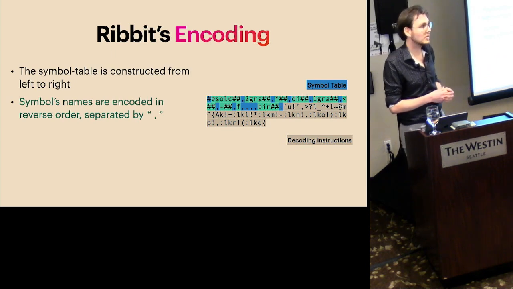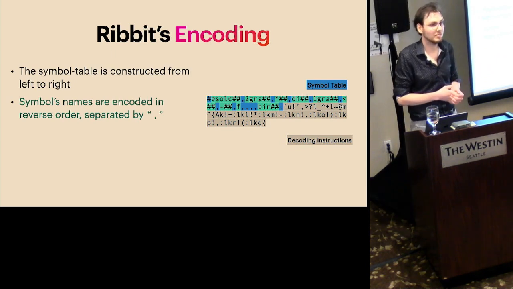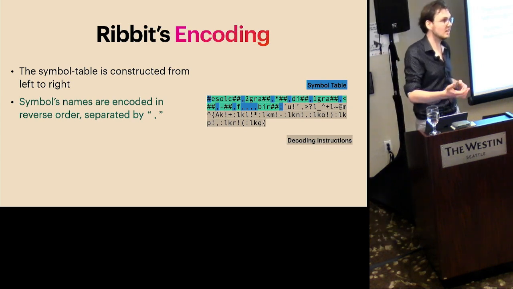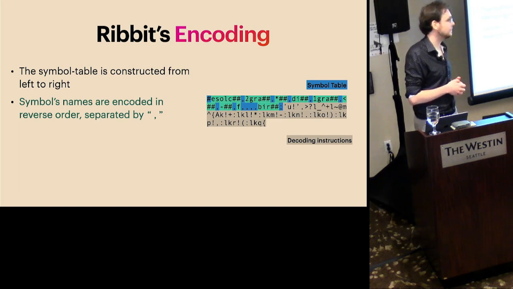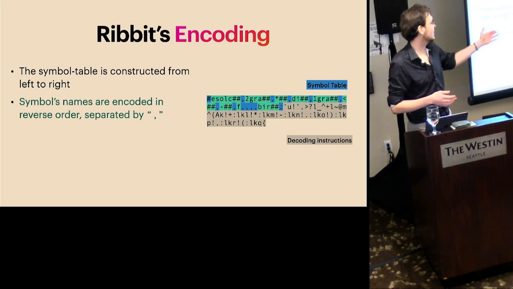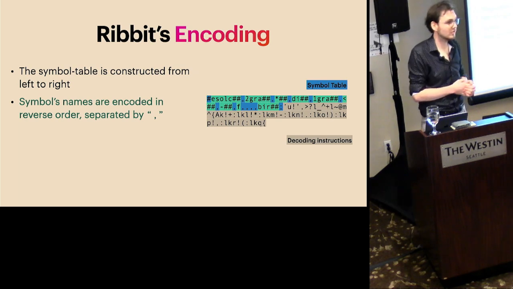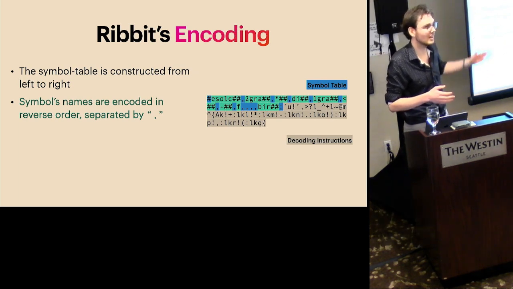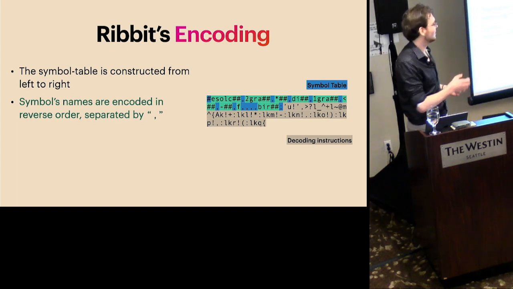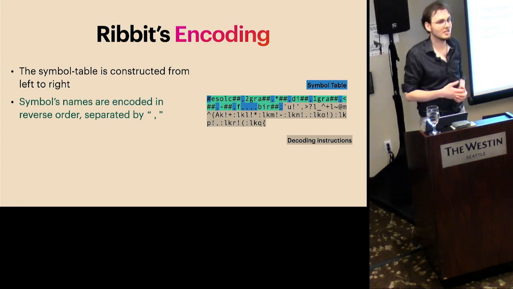This is because it's simpler to decode it this way. In Scheme, often we start with nil and then construct our list this way. Symbols here are in reverse. So for example, if you look at the first one, it reads something like 'esolc'. If you reverse it, it's close. So it's for creating a closure.